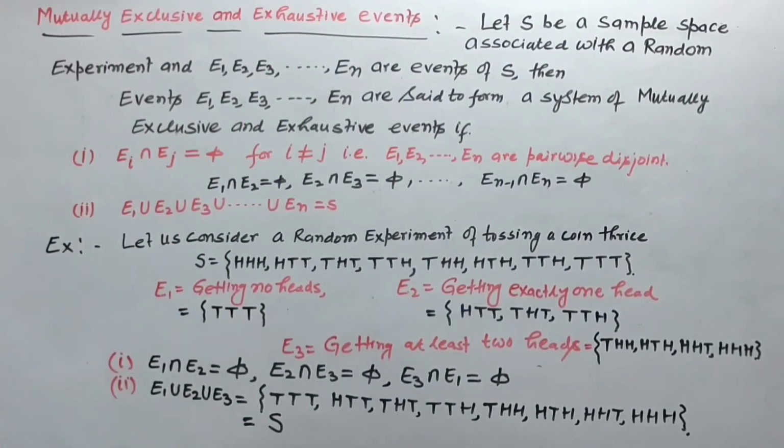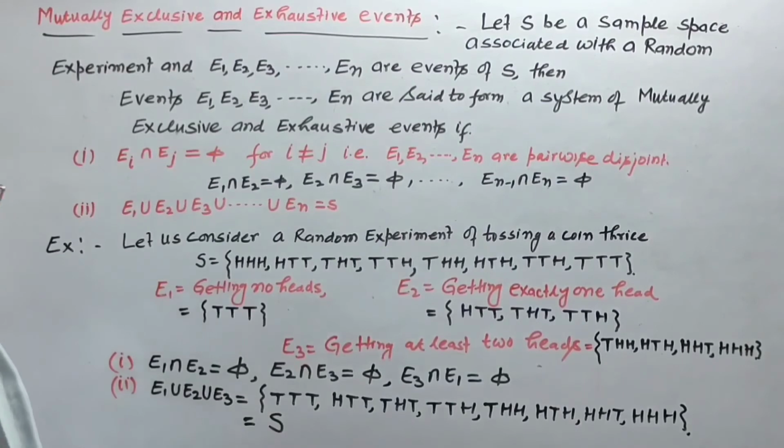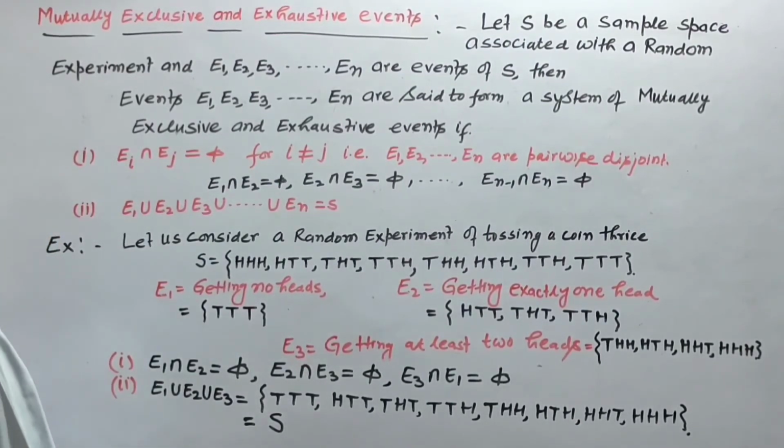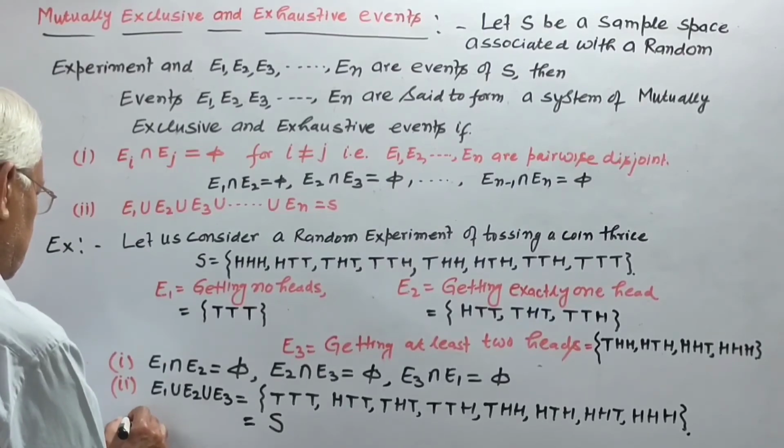So we can say E1, E2, E3 are said to form mutually exclusive and exhaustive events.